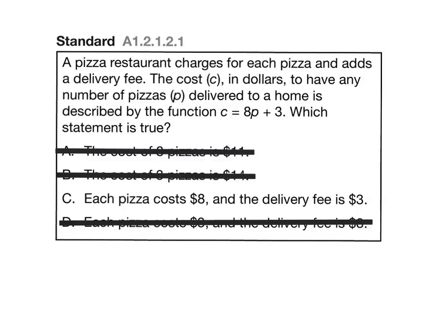One last thing I want to mention, with this equation in slope-intercept form, we already talked about the independent and dependent variable, but also if I were graphing this, the C value would be in place of Y, and the P value would be in place of X. And this 8, which would be my slope, another way that I could refer to the slope is that rate of change.